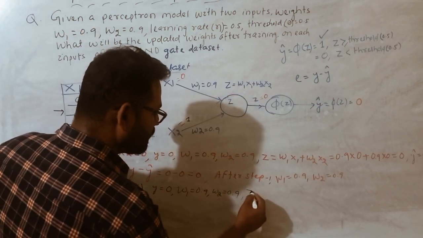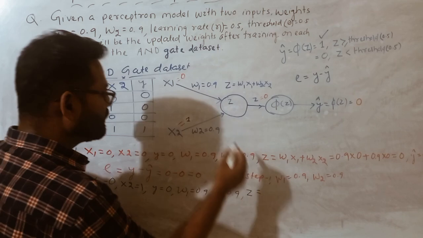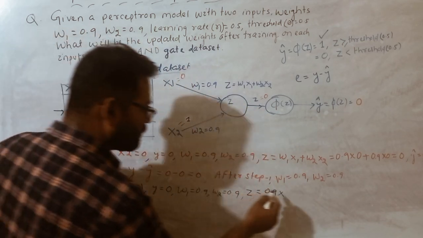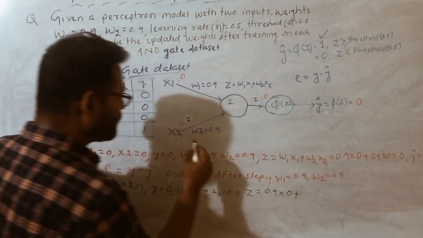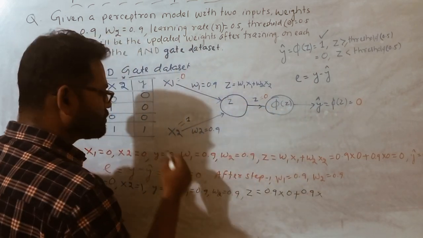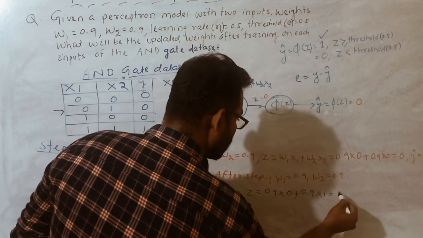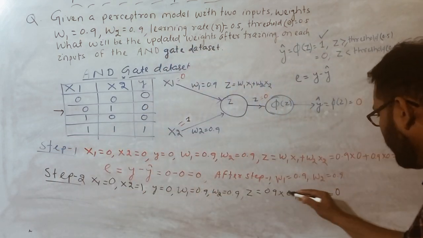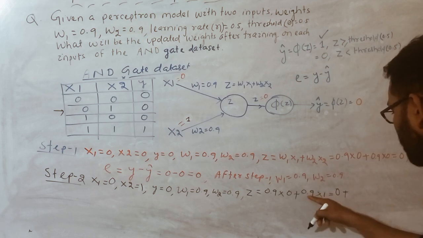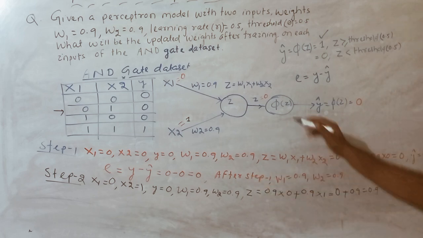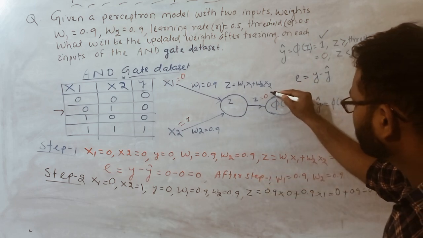Z is equal to W1 0.9 into x1 0, plus W2 0.9 into x2 1. That is 0.9 into 0 plus 0.9 into 1, which is 0.9. So in step 2, my Z value is 0.9.